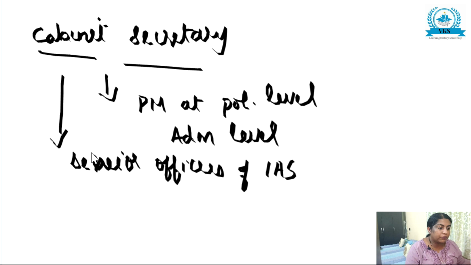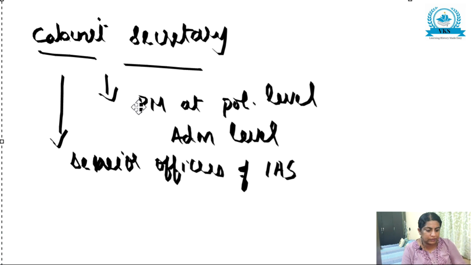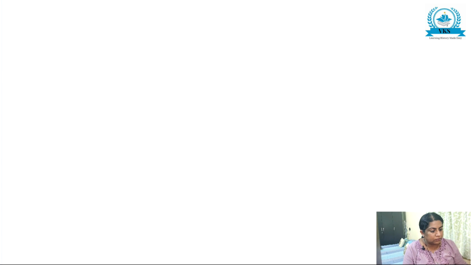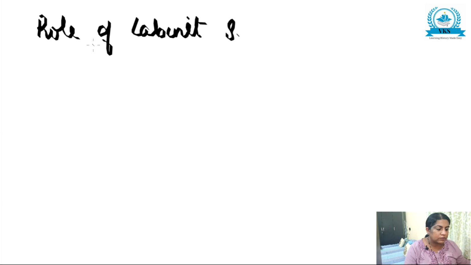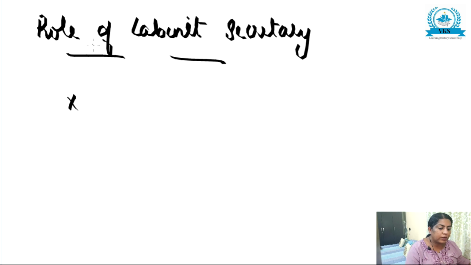And next we have to see the role of the cabinet secretary, the different functions of the cabinet secretary. The main function of the cabinet secretary is to provide assistance to the Council of Ministers.